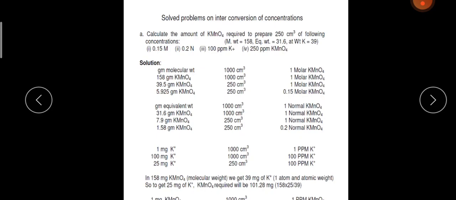But you want 0.15 molar, that's why multiply 39.5 by 0.15, you will get 5.925 gram KMnO4. You have to dissolve it into 250 cm3, then you will get 0.15 molar.